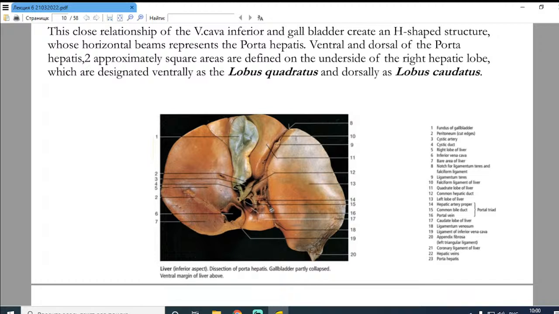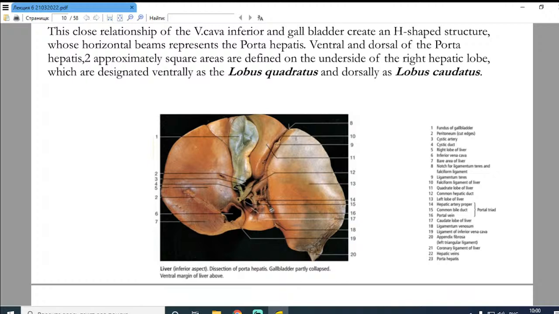This close relationship of the vena cava inferior and gallbladder creates an H-shaped structure whose horizontal beam represents the porta hepatis.